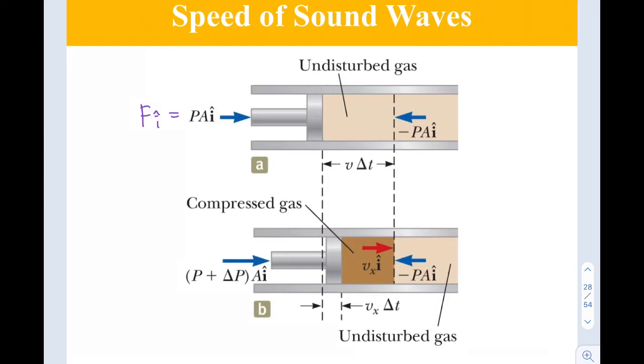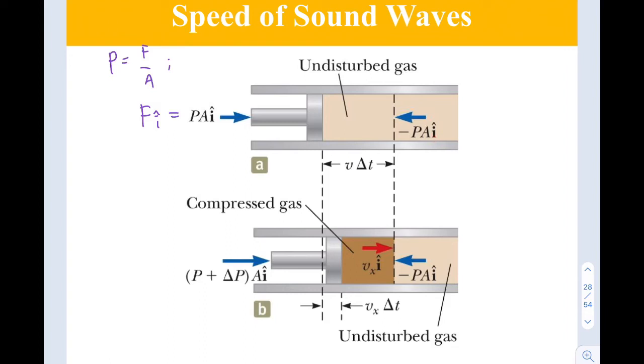How come? If you still remember, P is defined as F over A. So to have F, it's P times A. But not to forget, the molecules within the column themselves give another pressure in the opposite direction.